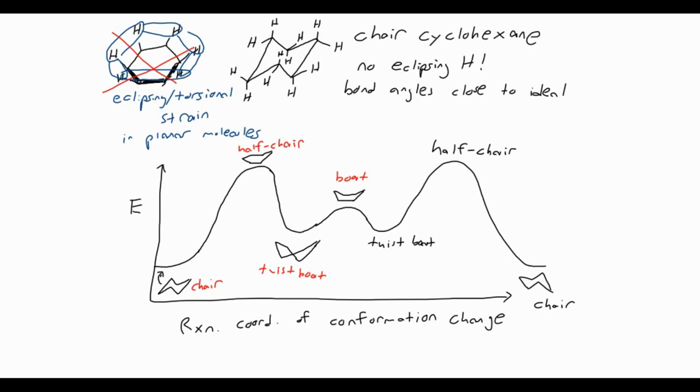So why is this important in the first place? Well, like I said, cyclohexane imparts an extra stability because of the lack of eclipsing interactions between adjacent hydrogen atoms.